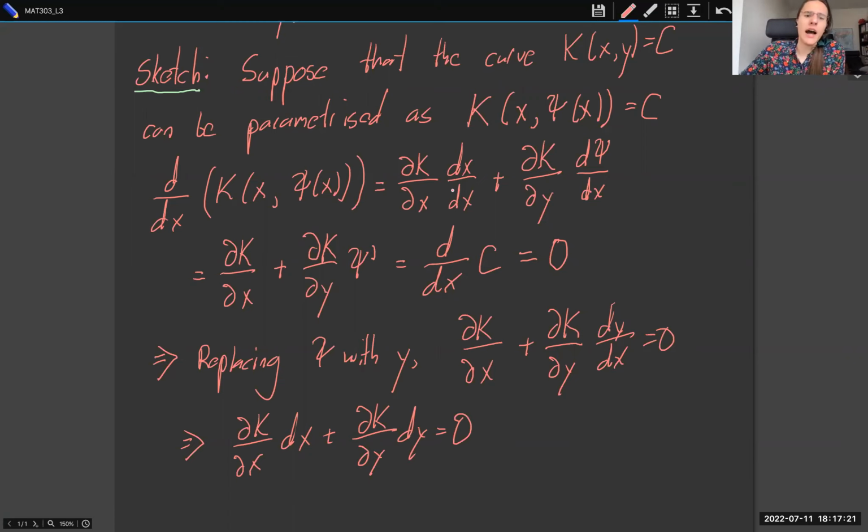And so I showed that the level curves of this satisfy this exact differential equation, which means that if we have this differential equation, these are solutions under the assumption that I can make this parameterization, which isn't true everywhere, but that's why I called it a proof sketch. And the main ingredient here was the multivariable chain rule.